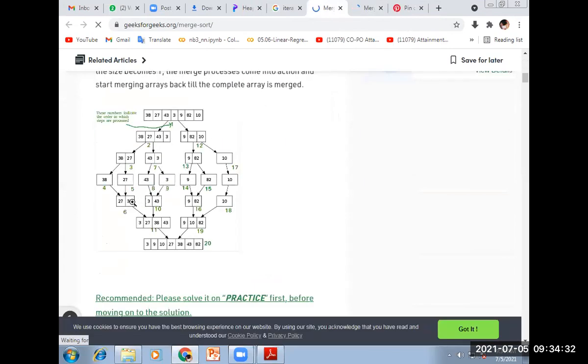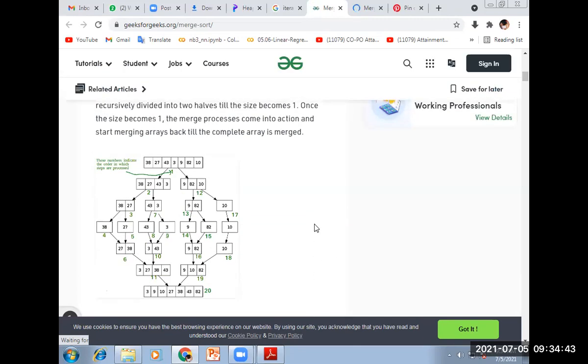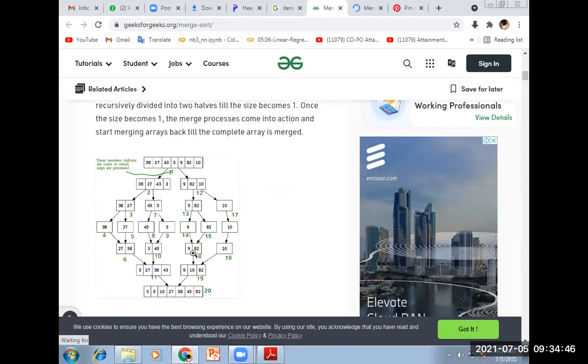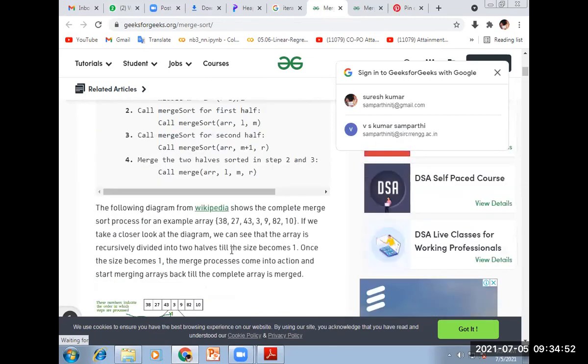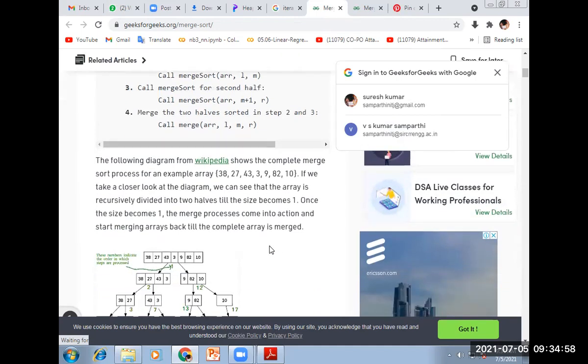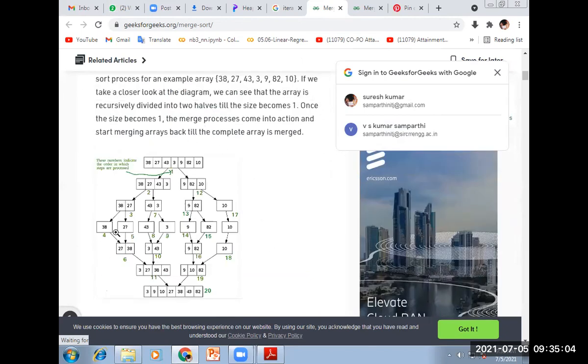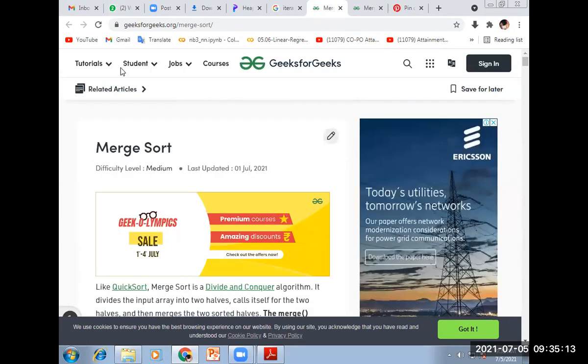We already discussed it: we just divide by 2, and when it comes down to a single element, then compare these two elements. That we call the iterative method. Sorry, this one is recursive. Recursively divide by 2 and we compare. This we will discuss in the next class. Now we discussed the iterative method.